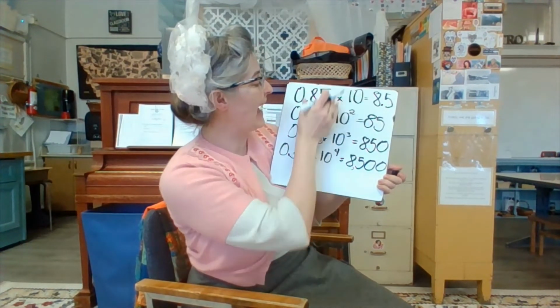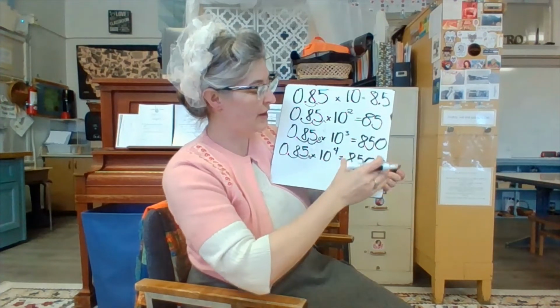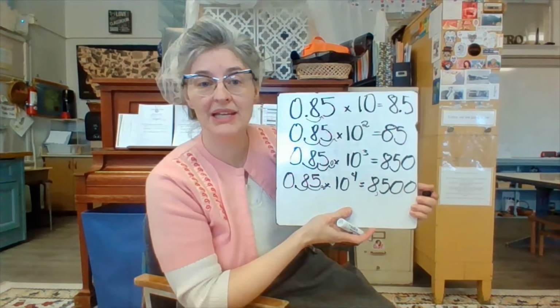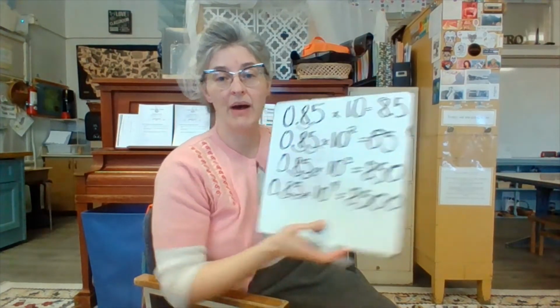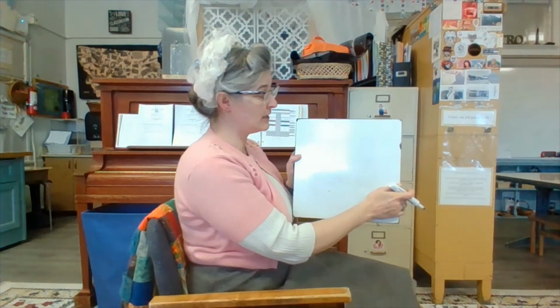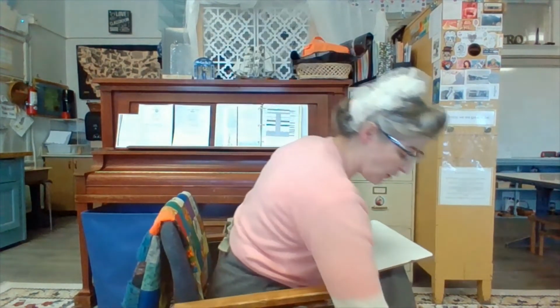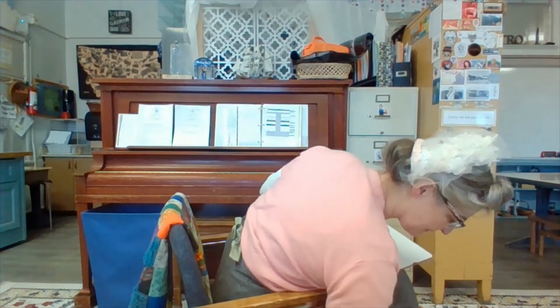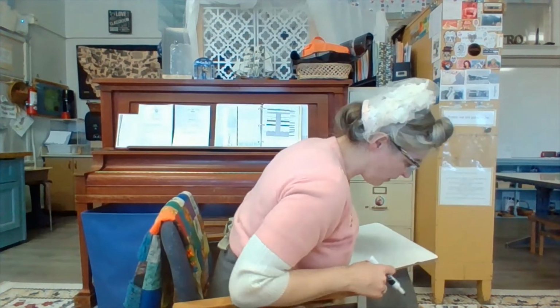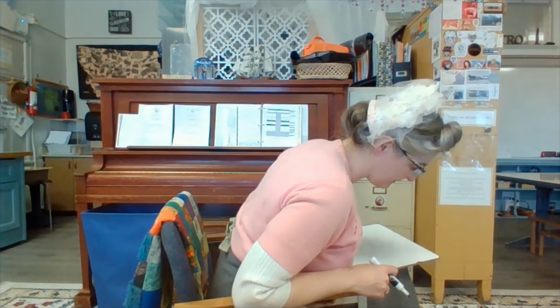You should see a pattern of how the number is going to change by 1 place value for each power of 10. Now I can also go the other direction. If I know what the number times the power of 10 is, then I can also work backwards and figure out what the number was originally.